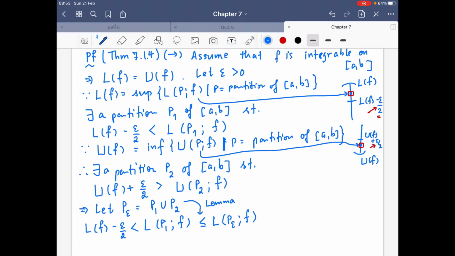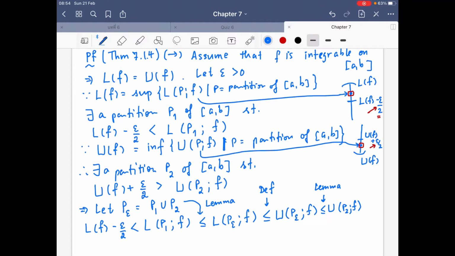By the definition of the lower sum and the upper sum, this will be less than or equal to the upper sum. Using the lemma about refinement again, this will be less than or equal to the upper sum of P2, only one of them instead of a union.